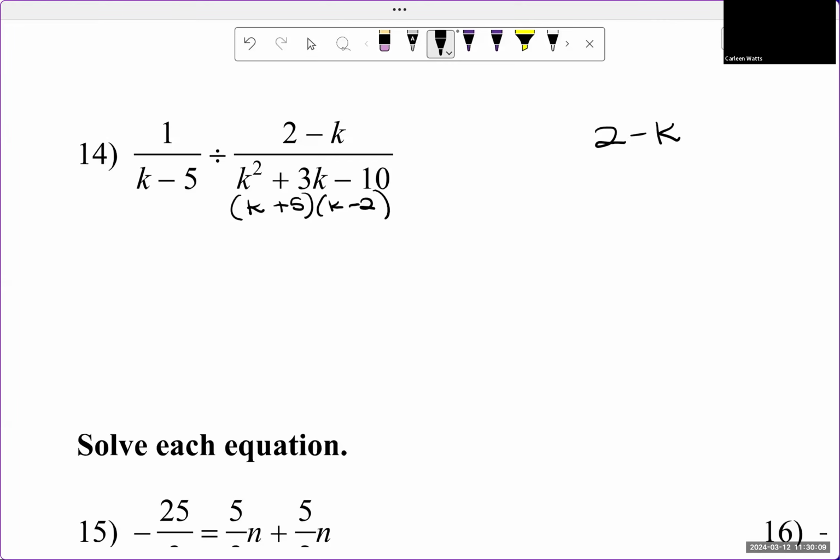Can you see that we could switch it to minus k plus 2? Okay, so think of it as minus k plus 2. I'm actually going to factor out a -1. And that's going to leave positive k minus 2. Yeah, factor out a -1, positive k minus 2.